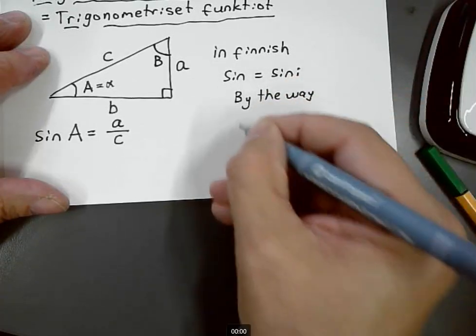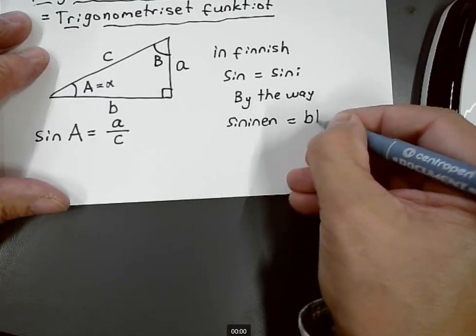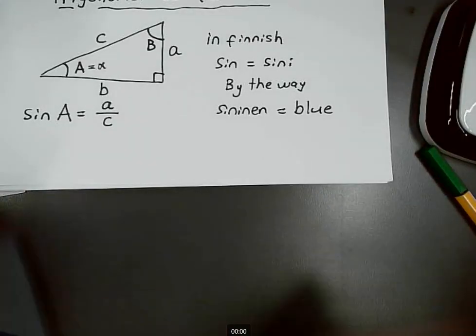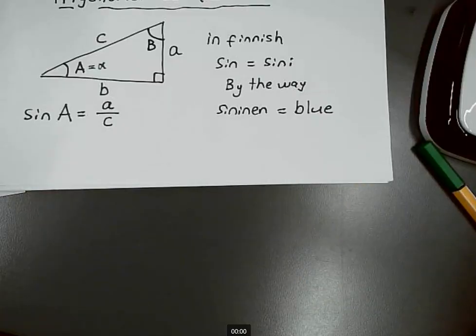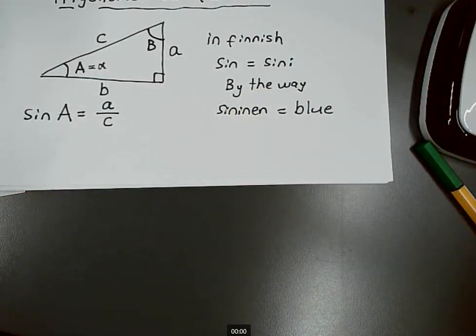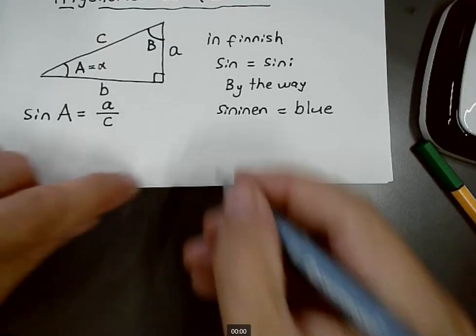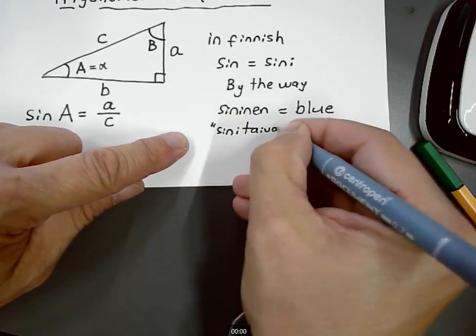Actually, this sini, by the way, sininen equals blue. The color sininen in Finland. When we watch the sky and it is very blue, we may say sini taivas.